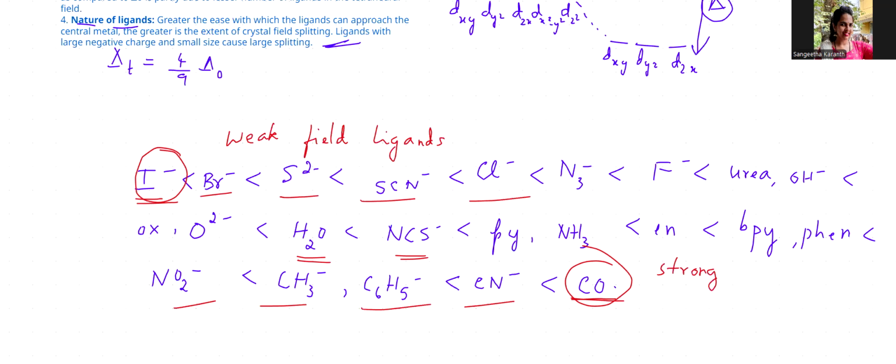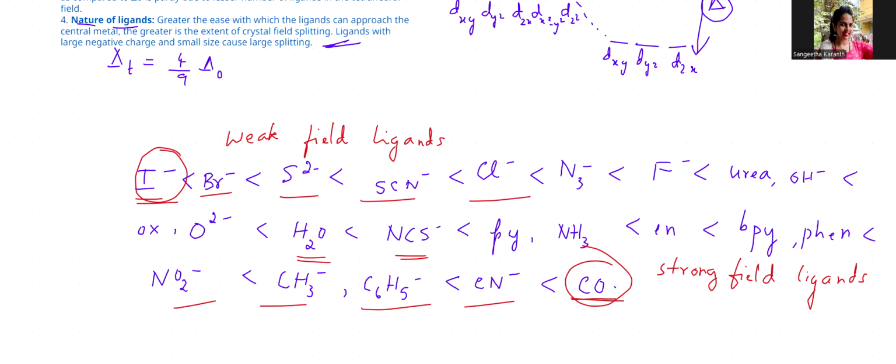Okay, I hope it is clear now what crystal field theory is and how the splitting of d orbitals takes place in the presence of ligands. I have already explained how the splitting of d orbitals takes place in octahedral complexes, and then the spectrochemical series and how we decide whether a ligand is a weak field or a strong field ligand based on its position in the series.